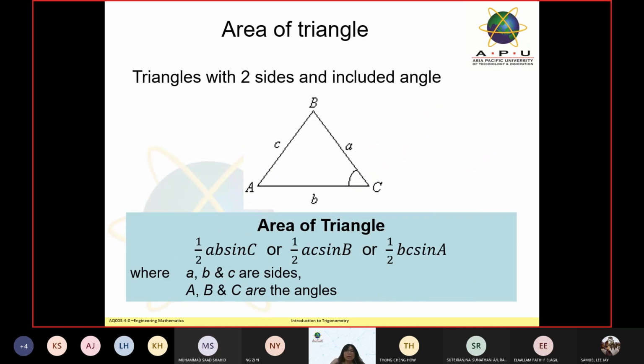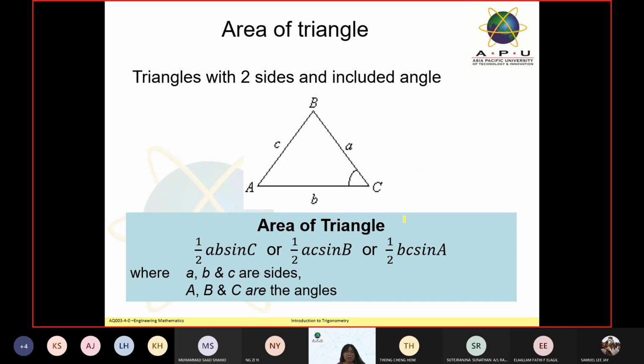Now this is another formula. Before we come to the formulas here, can you see the notations given here? There's a small letter and a capital letter, so I want you to take note. This triangle is not a right angle triangle.